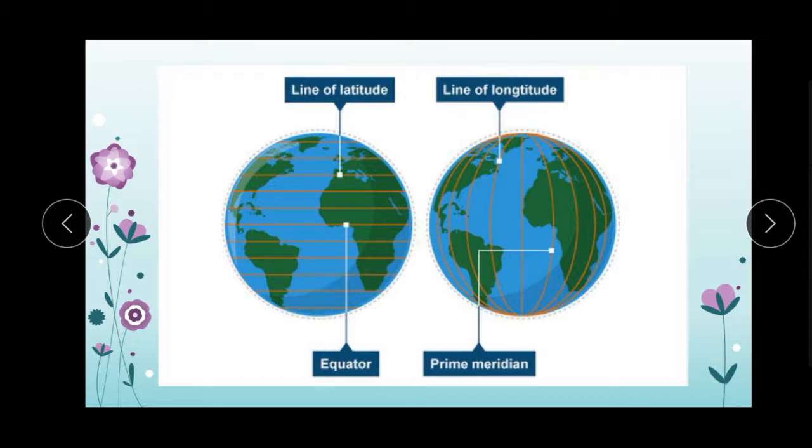Now we are going to see longitude. Where are the longitudes? Yes, these are longitudes connecting North Pole to South Pole. Where is the prime meridian? Yes, the prime meridian is here. It divides the globe into two equal halves, the Eastern Hemisphere and the Western Hemisphere. Clear, my dear children?